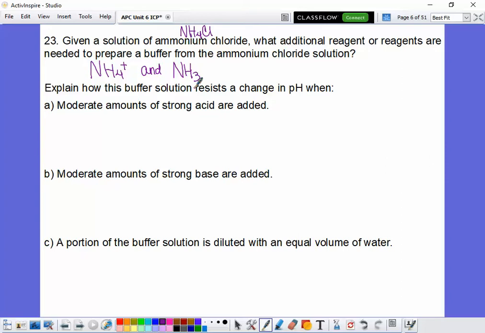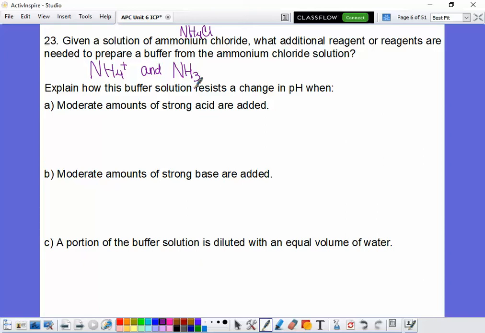All right. Now, like I said, buffers will resist changes in pH because you have both an acid and a base in solution. So depending on what's being added to it, either thing can react to neutralize. All right?